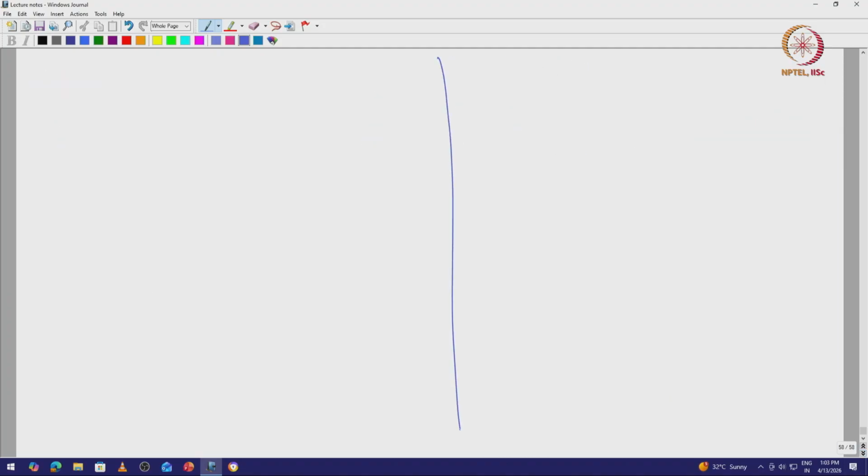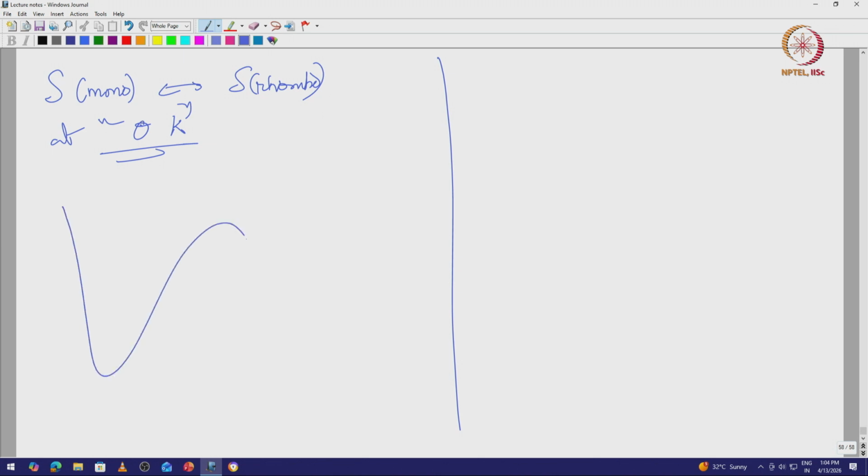Now, in this context I am going to do this reaction, right. What is the reaction? Reaction is S mono to S rhombo, but I am going to do this reaction at 0 Kelvin, right. At 0 Kelvin, the globally stable phase is the monoclinic phase, right.